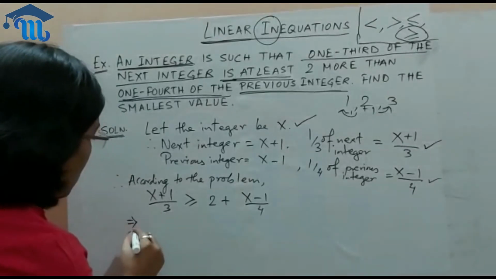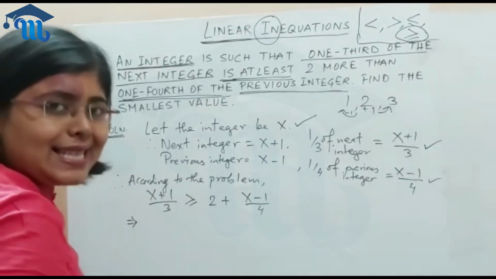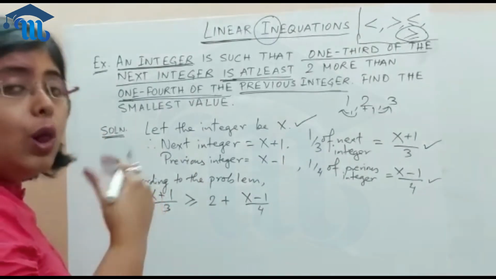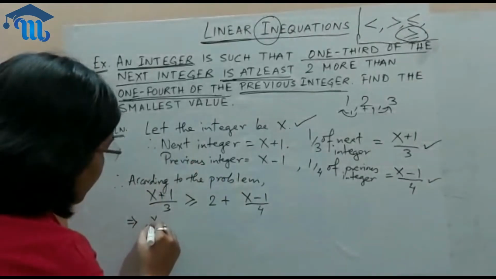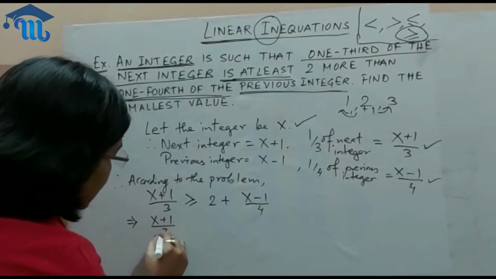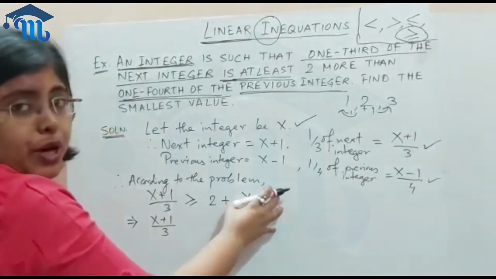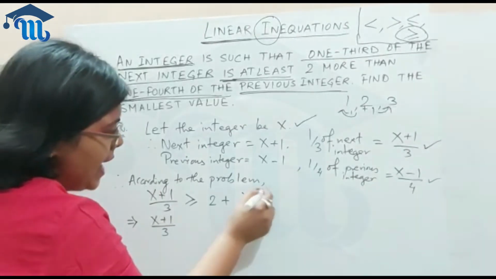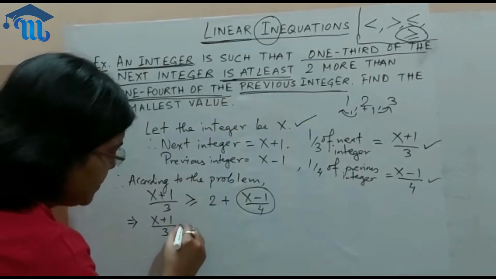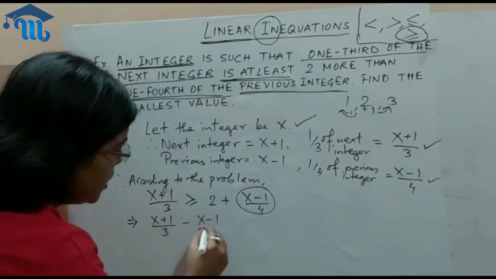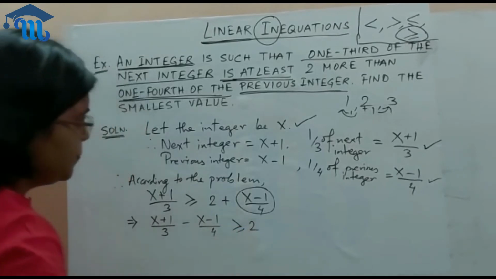We will have to ensure that the subject of the formula, which is x, is on the left hand side and all the integer values are on the right hand side. So what should we do? We keep this entire expression intact. We bring the other expression, which is also in terms of x, to the left hand side. Since there is a plus sign over here, it becomes minus. So it becomes (x plus 1) by 3 minus (x minus 1) by 4 greater than equal to 2.